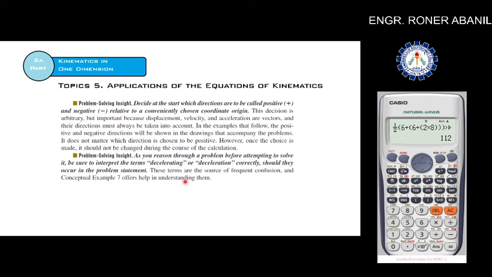These terms are a source of frequent confusion and conceptual errors. Like the problem we had earlier, we need to understand what decelerating and deceleration mean. So, for example, the car is decelerating at 5 meters per second squared. That is different from deceleration, no?